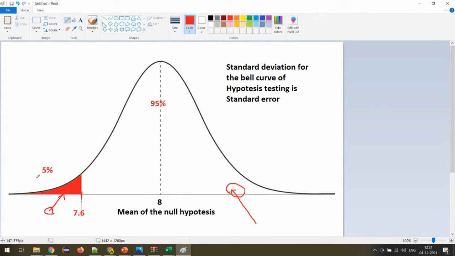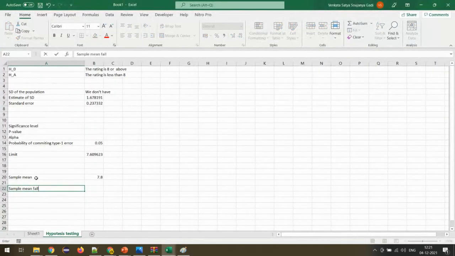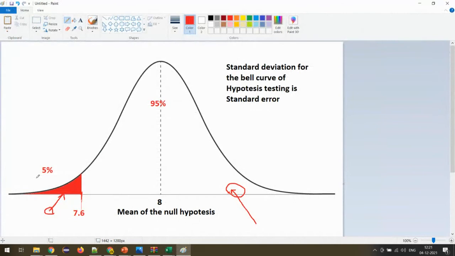Yeah. So, okay, let me write here. The sample mean falls in the white region. So what do we call this? What option are we selecting? We reject the null hypothesis, or we fail to reject the null hypothesis?